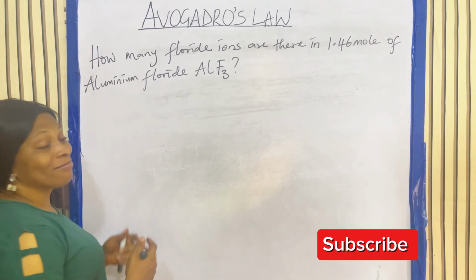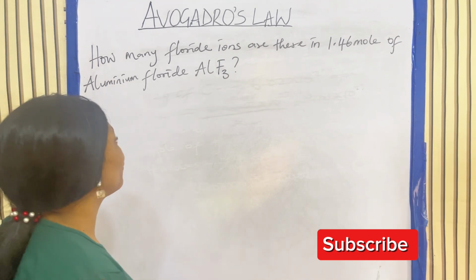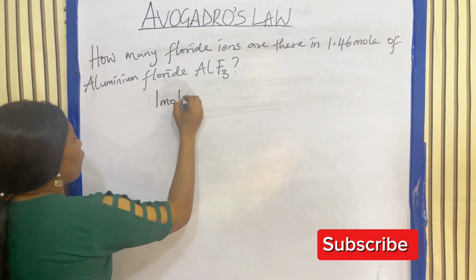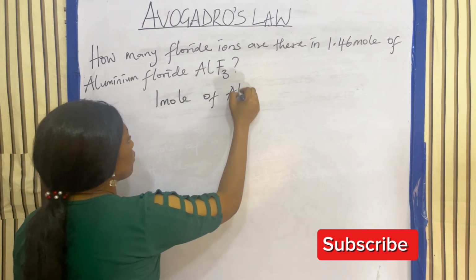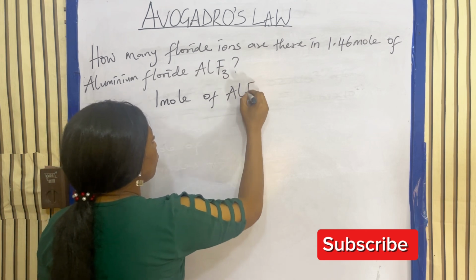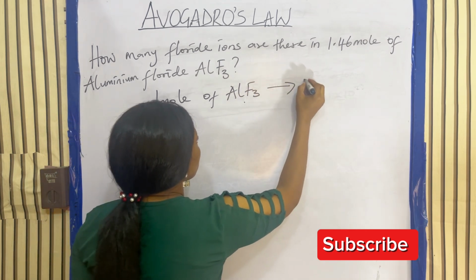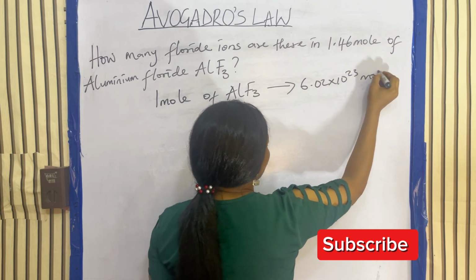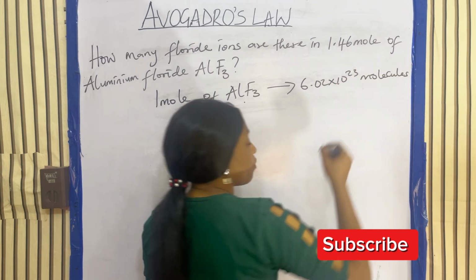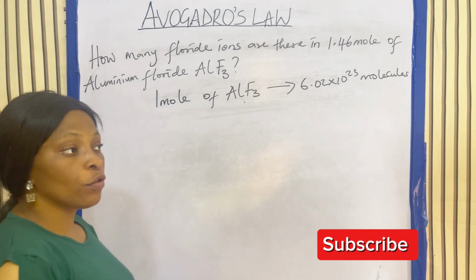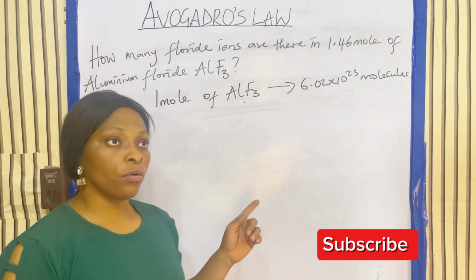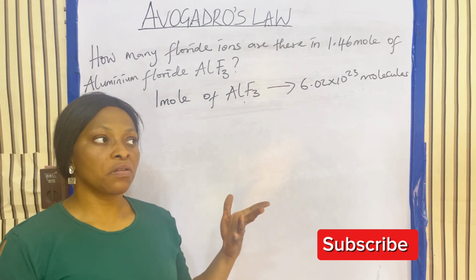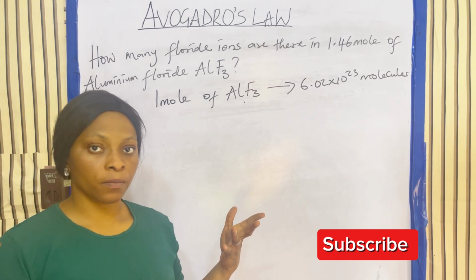Okay, so it's very simple. Let's solve. Now we know that 1 mole of aluminum fluoride will give us 6.02 times 10 raised to power 23 molecules. Now, why did I say molecules? You need to go and watch my video where I talked about elements, mixtures, and compounds.